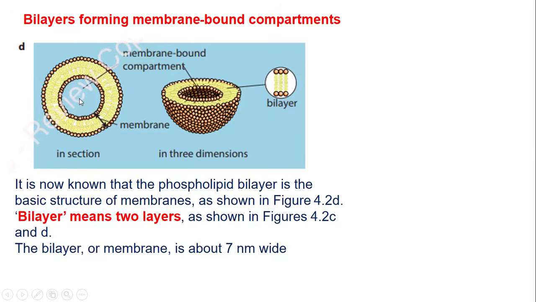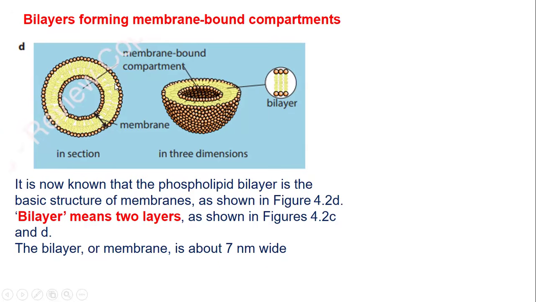And then when you look at the inside of this organelle, we have there the cytoplasm. Remember, cytoplasm contains water. So these phosphate heads on the inside are facing the cytoplasm, but the tails are facing away from that watery environment.